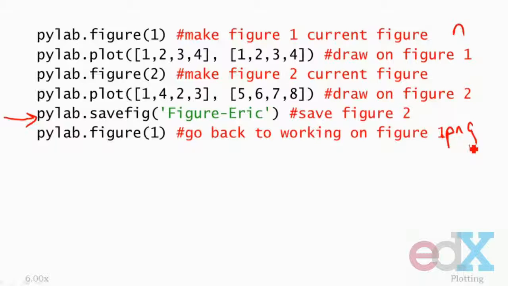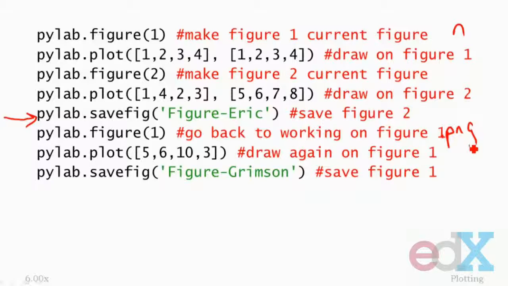We now go back to figure 1, draw some points on that, and then we'll save it in a different file, this one figure-grimson.png. If you look closely, you'll see there's something different about this pylab.plot command. I've only given it one list of values. Last time when we looked at this, we said we need to give it the x values and the y values in order to get points on a Cartesian plane.